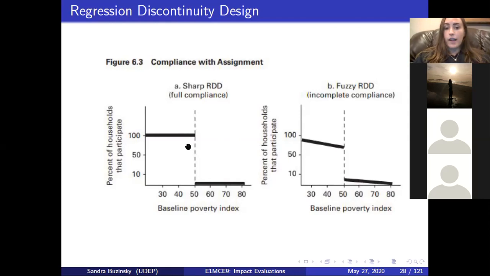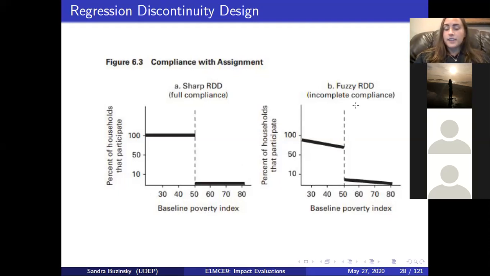So that's perfect compliance, and that means that the treatment status is deterministic of the X variable, the poverty index. You can see how this function is deterministic because your X, your baseline poverty index, exactly tells you whether you're treated or not. So the sharp RD is deterministic.